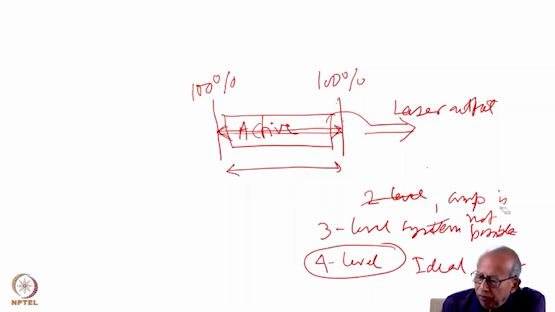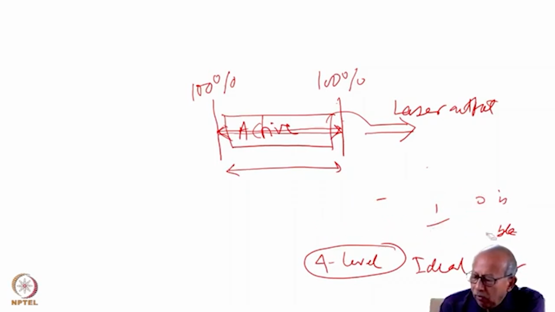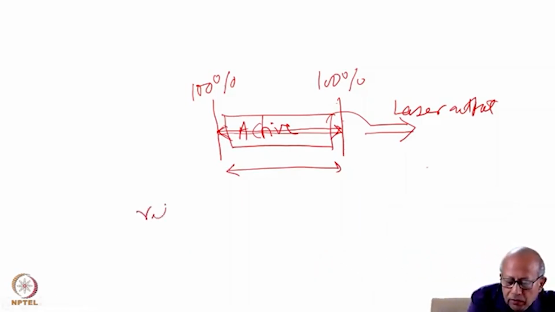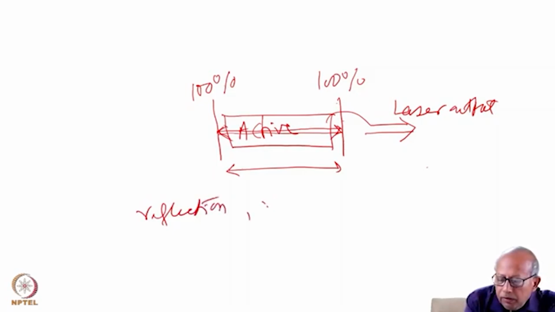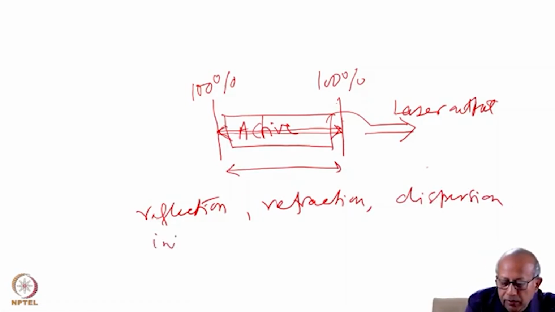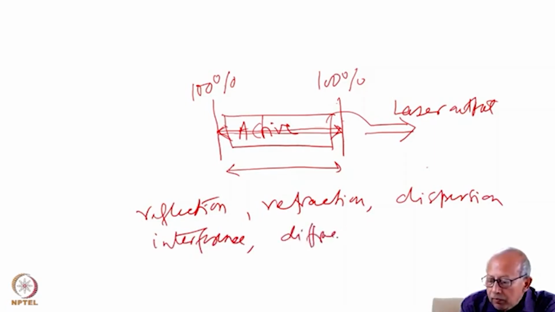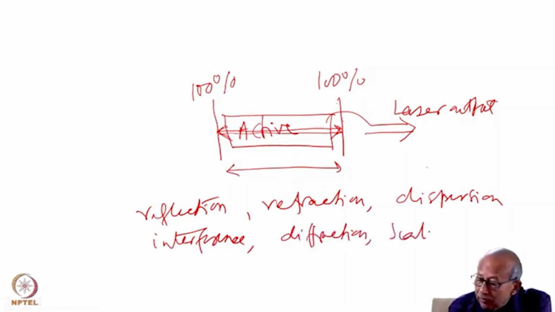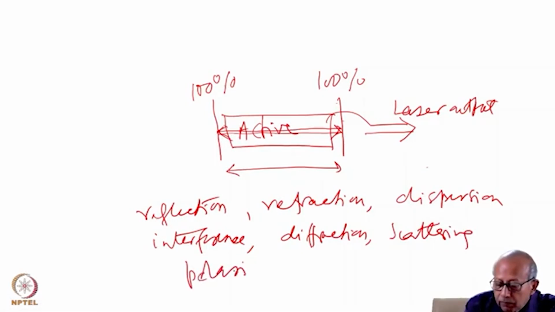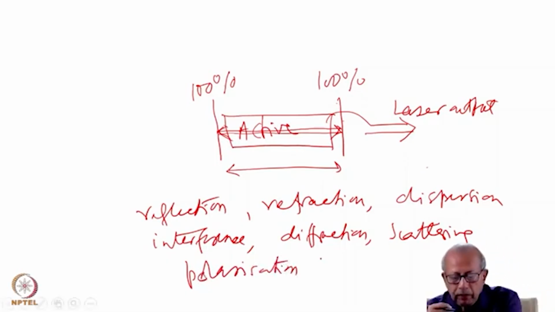We also have refreshed our mind on some important properties of light, such as reflection, refraction, dispersion, interference, diffraction, scattering, and polarization of light, which have important bearing on the operation of a laser.